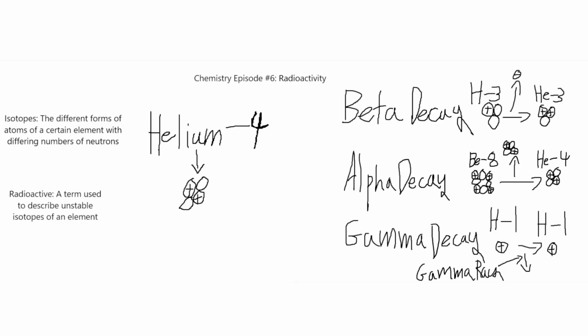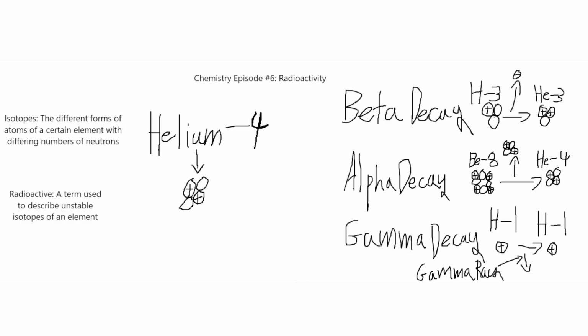Beta plus decay is when a proton becomes a neutron. This is an example of beta minus decay. In the H3 isotope of hydrogen, one neutron becomes a proton and it releases an electron and becomes a helium 3 isotope, which is stable.